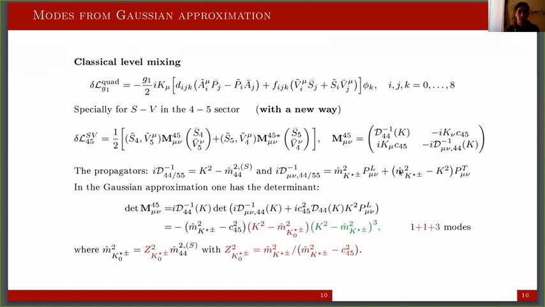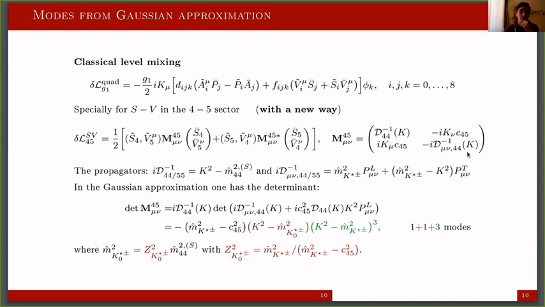And one can use another way, which I think we used for the first time. One can write this mixing in a way that we compress our terms in a matrix. It is a 2 by 2 matrix, or expanding the mu index, a 5 by 5 matrix.